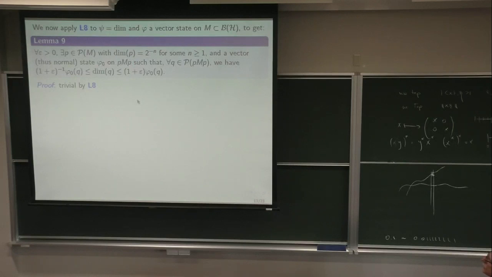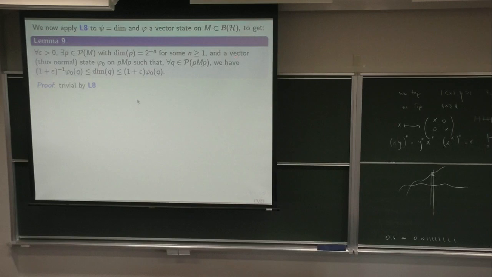I should have renormalized. It's the dimension of Q over the dimension of P. It should have been normalized here. Sorry about that, because I'm saying that it's a state on PMP.